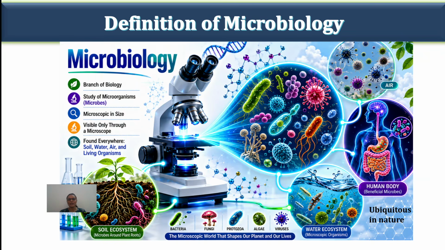Microorganisms are microscopic in size. To observe them we require a microscope, and this is the light microscope under which we can visualize microorganisms, right? We cannot see them with the naked eye; to observe them we require a microscope. They are found everywhere, so we can say that microorganisms are ubiquitous in nature.